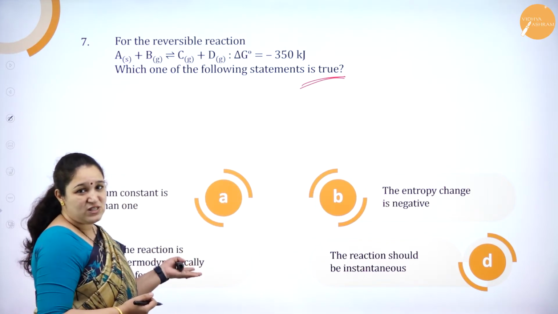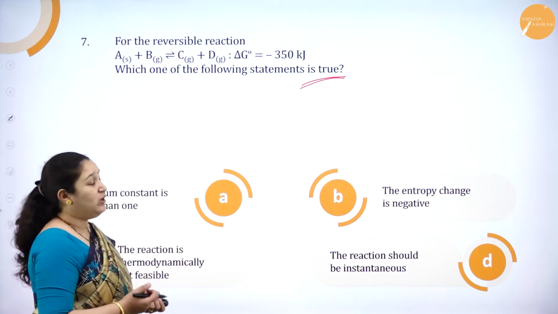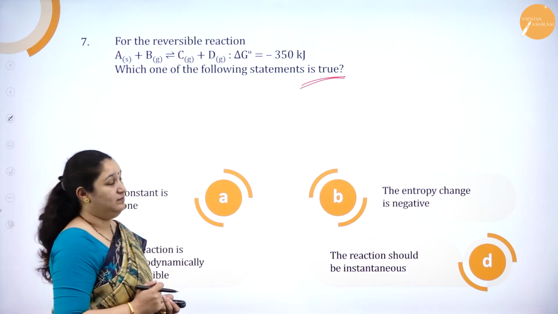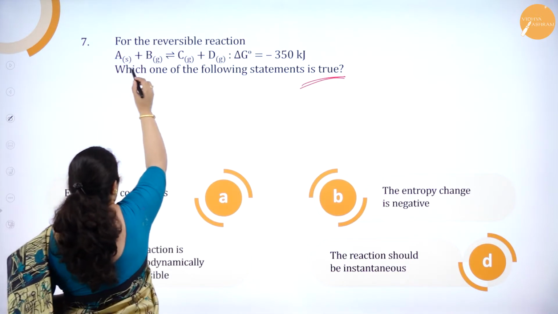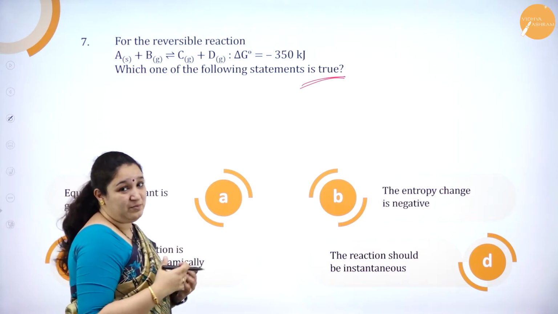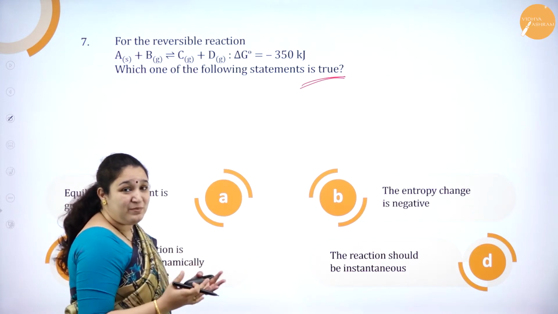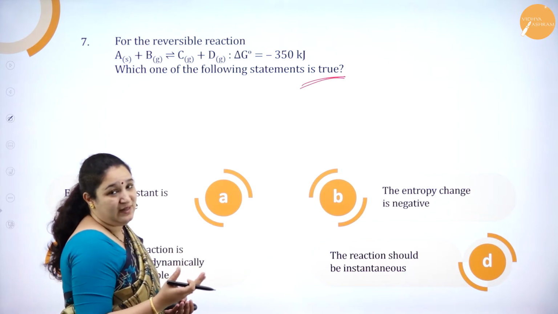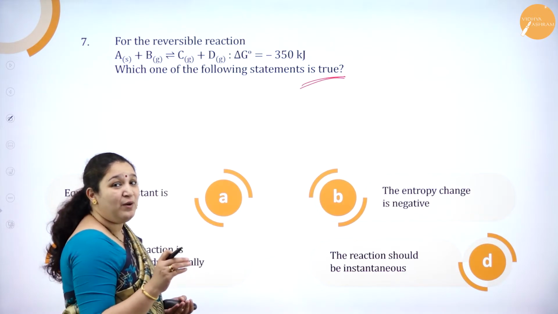Correct? But what do you get from looking into the question? First thing you see, a solid also is getting converted into a gas. So randomness is increasing. If randomness is more, what will happen to the delta S value? Delta S value also should be more.